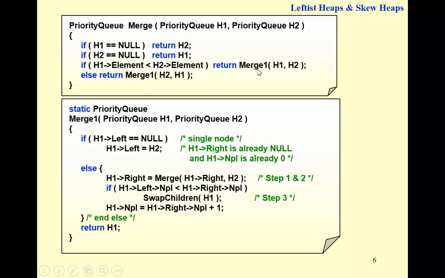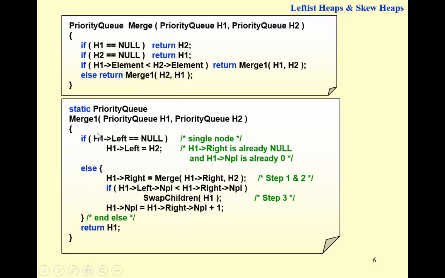This step guarantees that whenever we enter this function, we check if the first root is smaller than the second root, then we call merge1 with H1 first, H2 second. Otherwise, if H1 is greater than or equal to H2, H2 is smaller, we call merge1 with H2 first and H1 next.